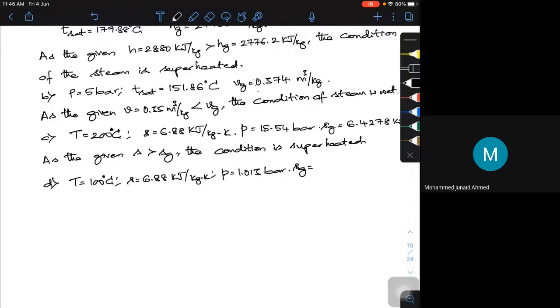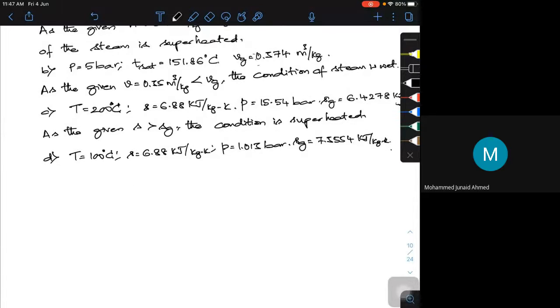Sg is 7.3554 kilojoules per kg degree Kelvin. See, look at this. I am only reducing the temperature, and the entropy remains the same. If I simply reduce the temperature, the steam will become wet.